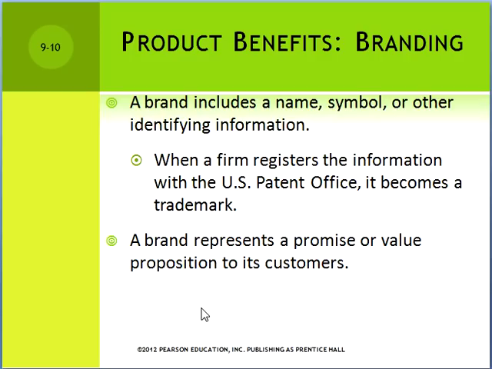Similarly, you go to a brand like McDonald's restaurant, you will be offered a value meal in there, and the product will be made according to the highest standards of quality. So that's a promise which any brand gives you. And the brand includes the name, the symbol, or other identifying information.